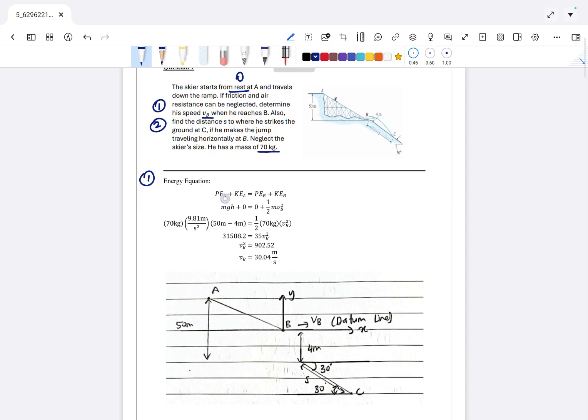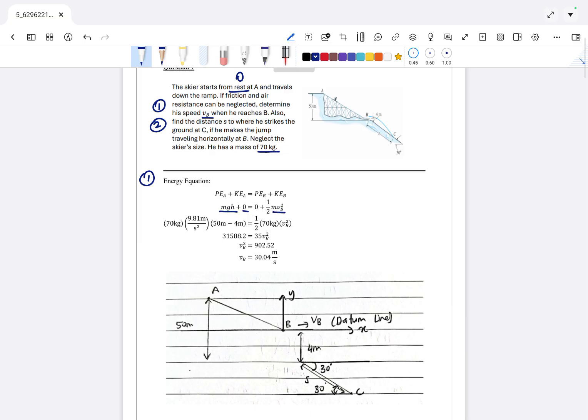So the potential energy at point A is mgh, and the kinetic energy at point A is 0 because the skier starts from rest, which is from the start, so it's 0, and equals the potential energy of B, which is also 0 because the skier is in motion, so there's no potential energy there, plus the kinetic energy of B, which will be 1/2 mv².